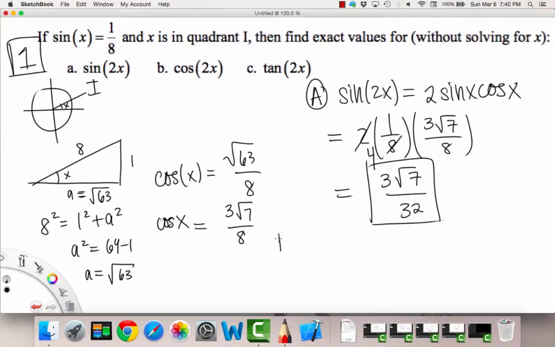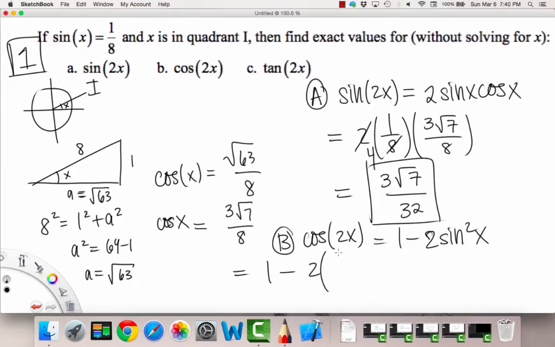Now let's work with part B. We're going to solve for cosine of 2x. Let's use the identity 1 minus 2 times sine squared x. So we get 1 minus 2 times 1 over 8, squared.